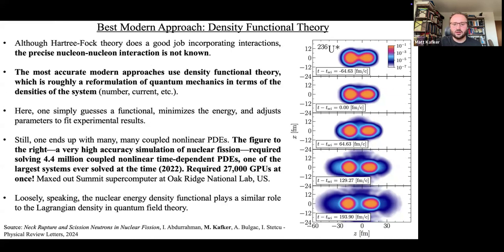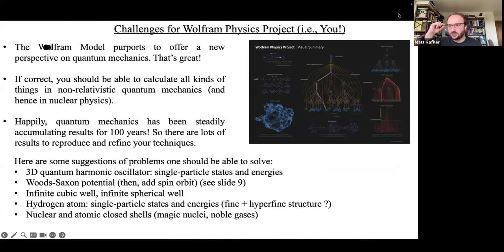Okay, so challenges for Wolfram physics before we totally switch gears and talk about statistical physics and things like this. The Wolfram model purports to offer a new perspective on quantum mechanics. That's wonderful. If this is right, you should be able to calculate all kinds of things in non-relativistic quantum mechanics. So this would be a nice exercise for somebody to do, and an opportunity to, quantum mechanics has been accumulating results for 100 years.